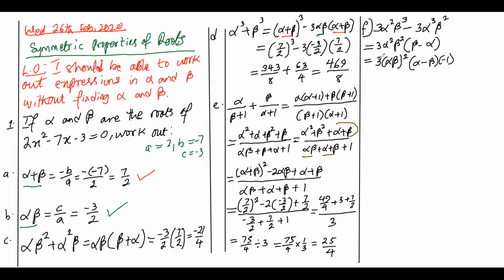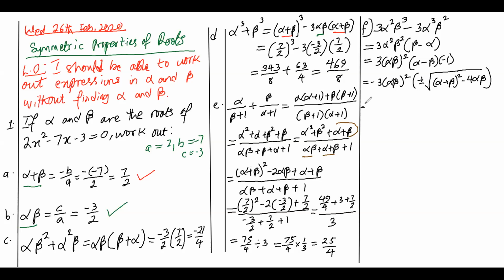So this -1 makes this -3. So I'm going to write -3 alpha beta all squared. Then you go to the last relation. The last relation is plus or minus the square root of alpha plus beta all squared minus 4 alpha beta.